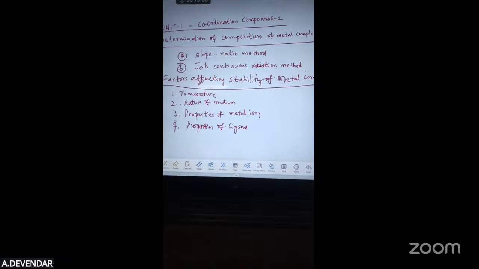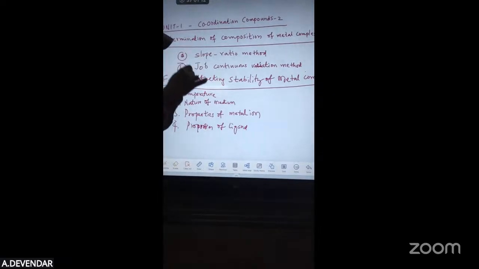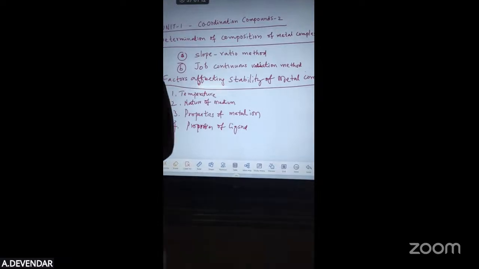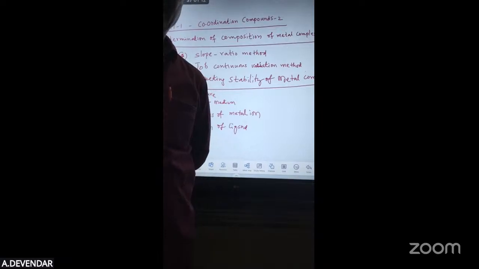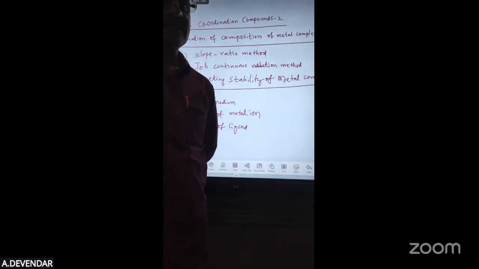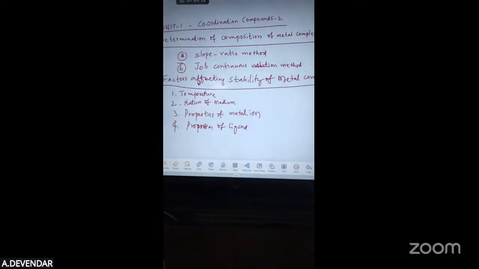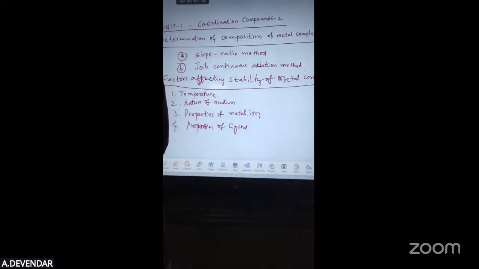Metal complexes depend on the temperature and on the medium, whether the central atom is present in solid, liquid or gaseous media. Then the properties of the metal: metals have malleability, ductility, sonority and lustre, particularly the d-block elements, and whether that lustre property is shown or not. Lithium is a very shining metal, and its lustre does not get affected by the atmosphere.